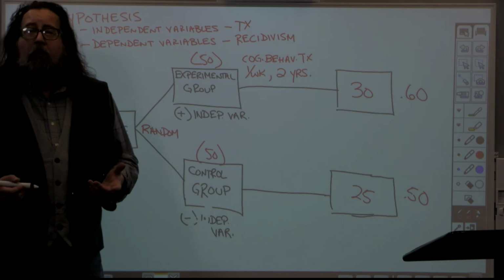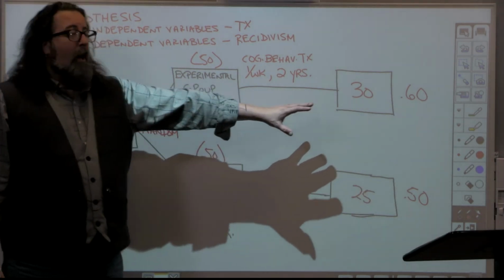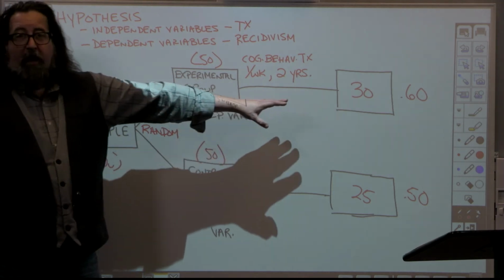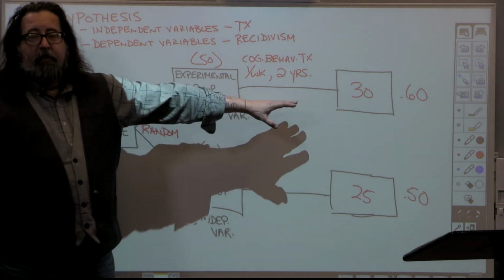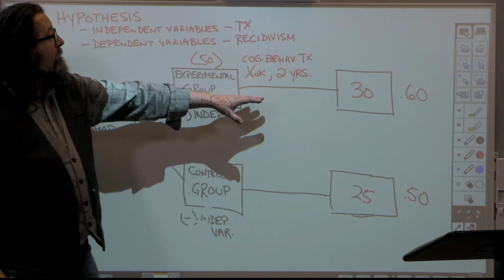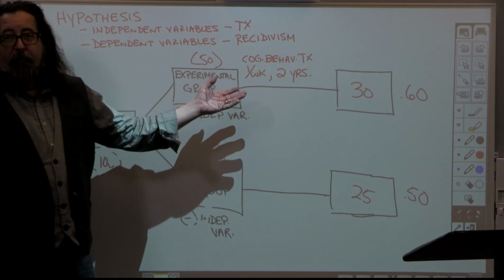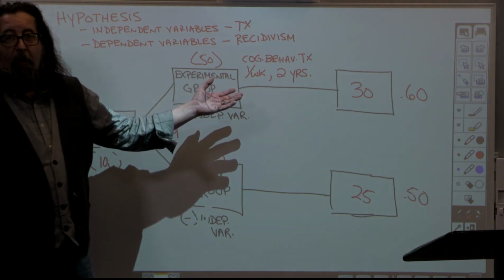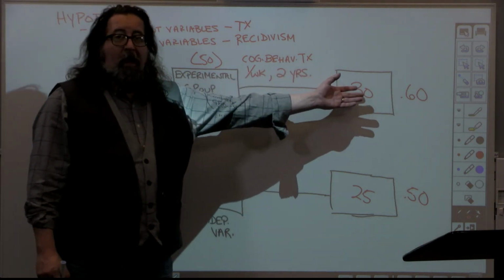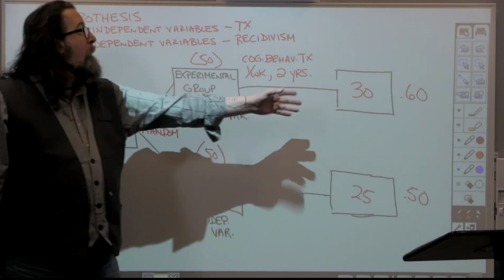No. What this indicates to us is perhaps that treatment, in the second example I just gave you, not only does not have an effect, but technically it appears that perhaps those offenders engaging in treatment are at a higher risk to reoffend. Why could that be? We may have to go back and rethink.